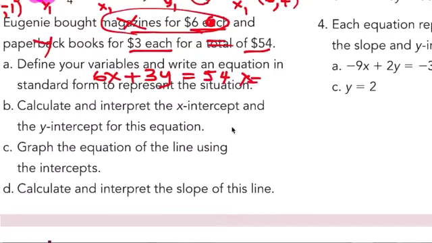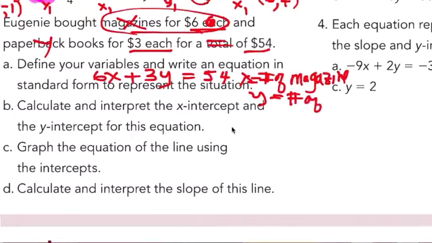x represents the number of magazines. Don't just write magazines. It's the number of magazines Eugene is buying. But we don't want to write all that, the number of magazines Eugene is buying. y is the number of paperback books he's buying.